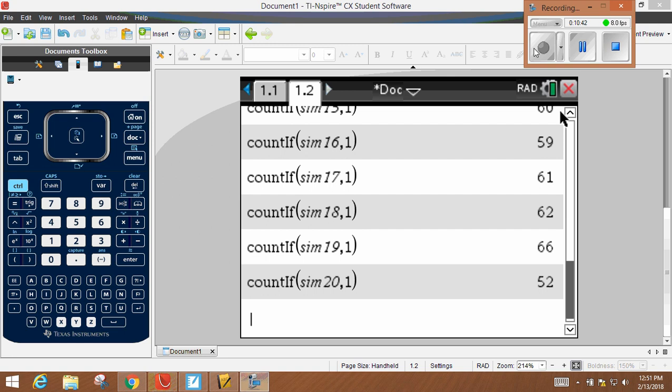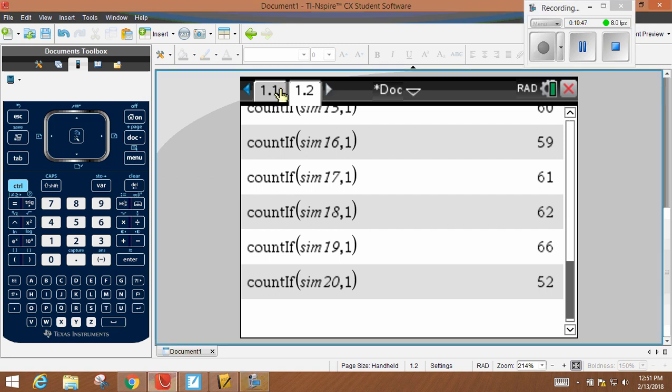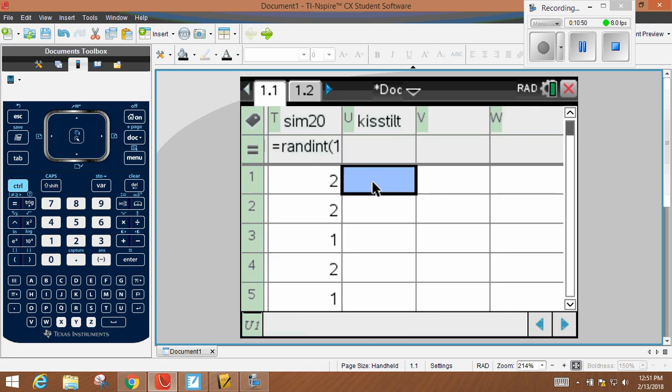Okay, so now that I've got my numbers from my simulation, I'm going to go back over here and put those numbers into kiss tilts.